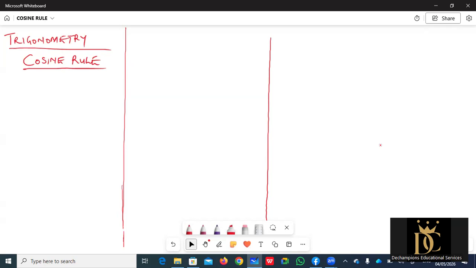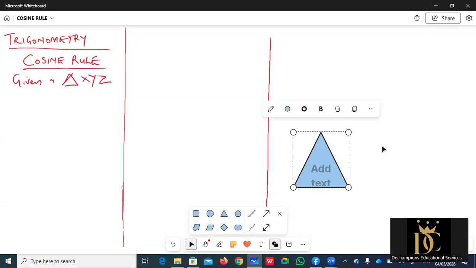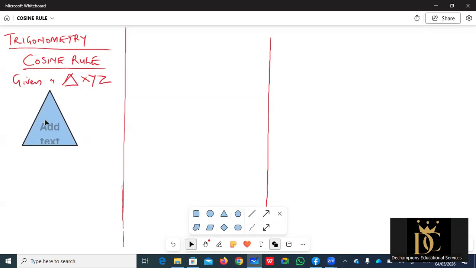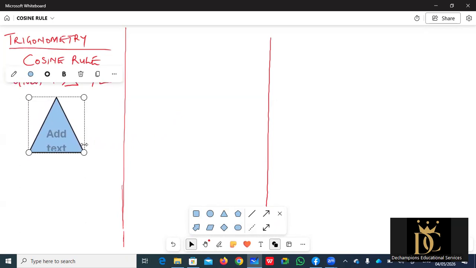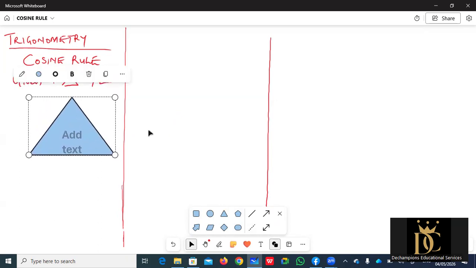Let's say you are given this triangle X, Y, Z, like the one we have here.